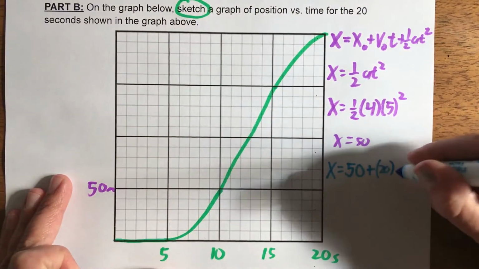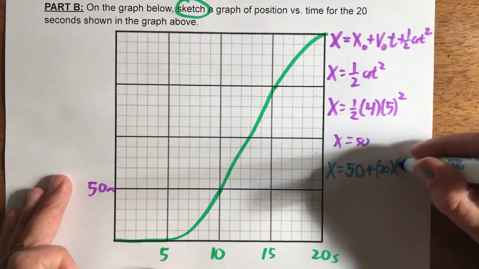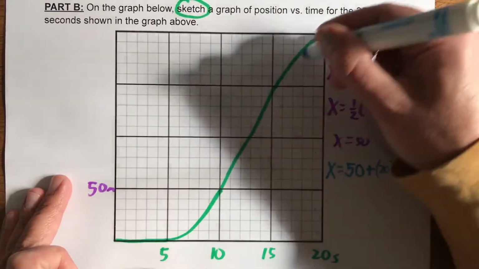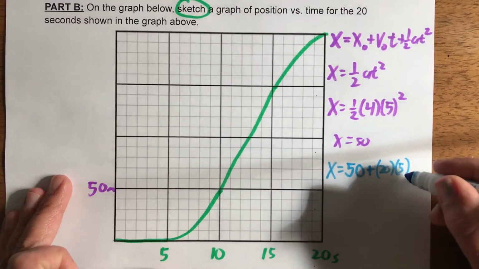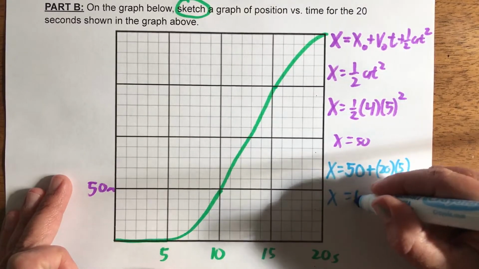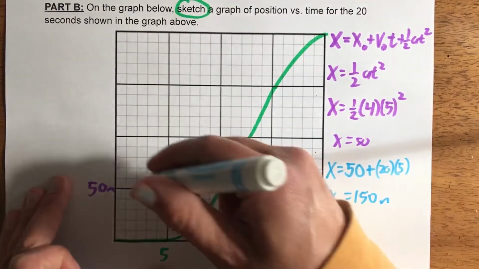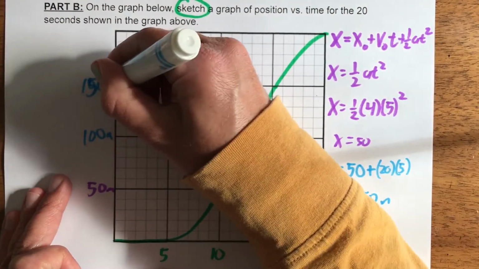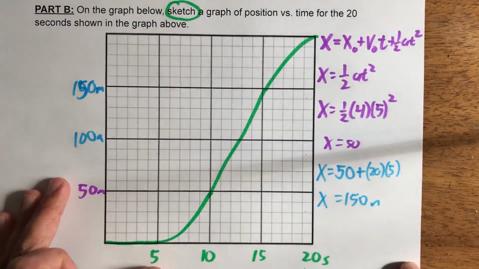So we've got 20 times 5 seconds, which is how long we go at that portion. And there is no acceleration in this part right here. So 20 times 5 is 100 plus the initial 50. That puts us at 150 meters. So this is 100 meters here, and that's 150 meters right there.